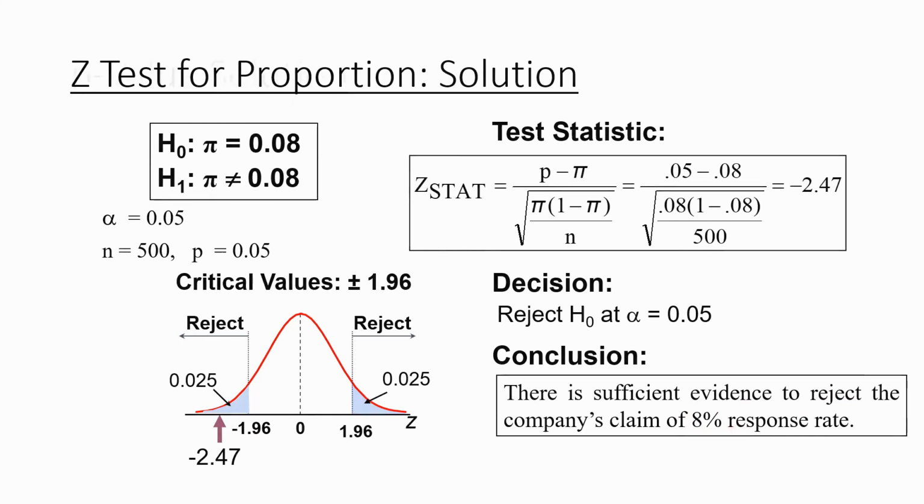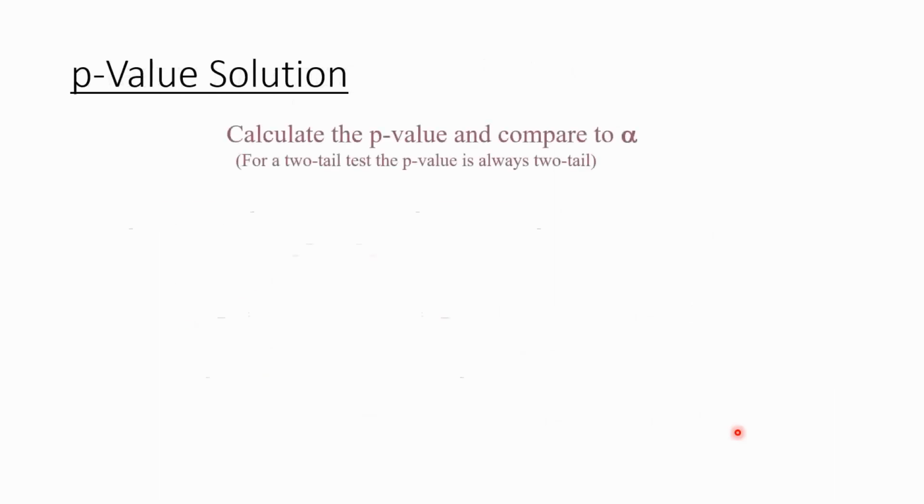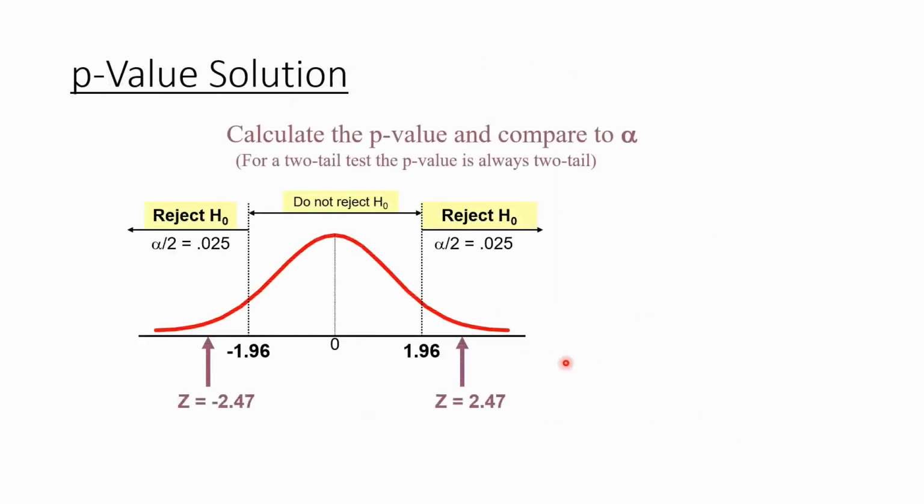The p-value approach would be, you calculate your p-value. And how do you do that? Now you know your test statistic is at minus 2.47. You go to your standardized normal distribution table, and you check where you would get this 2.47 value, you will see that the value you would get is 0.0068 from the table.